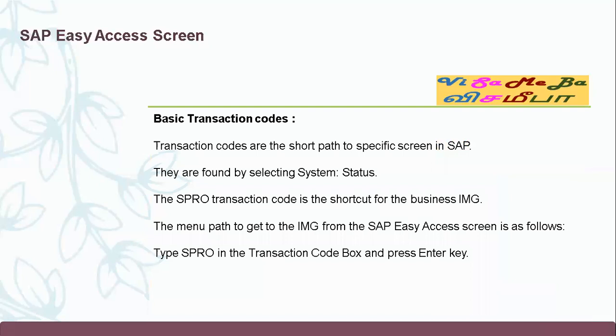So the basic transaction codes are, as I've told you, the short path to a specific screen in SAP. It's a nickname given to the specific activity. The SPRO transaction code is the shortcut for business IMG, IMG standing for implementation guide.